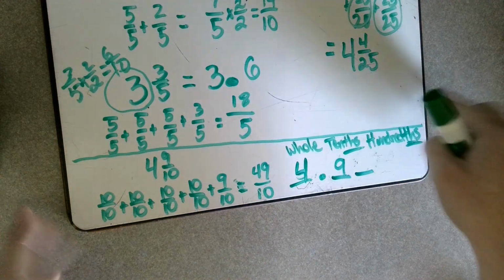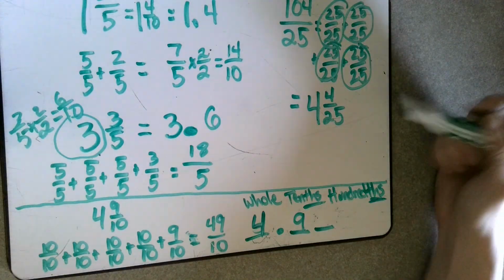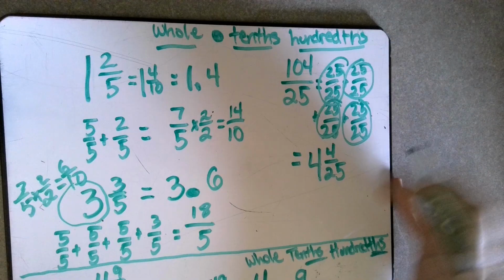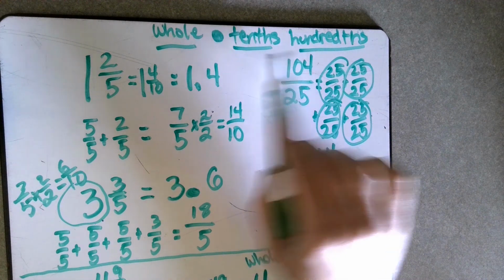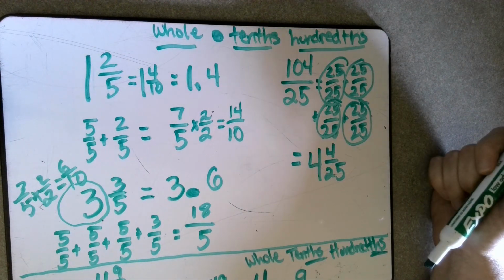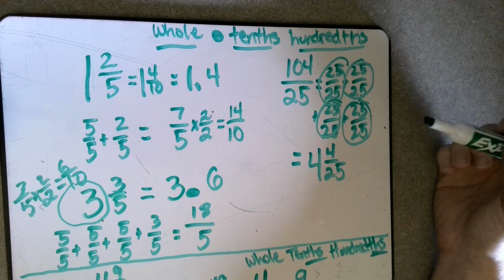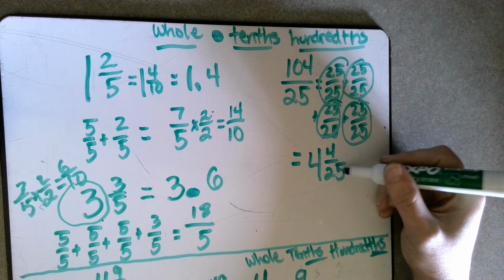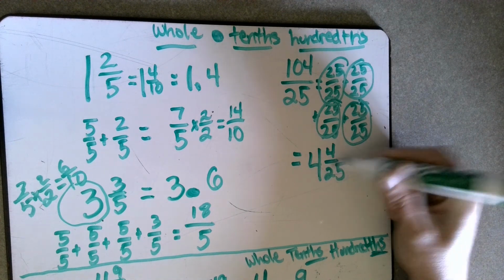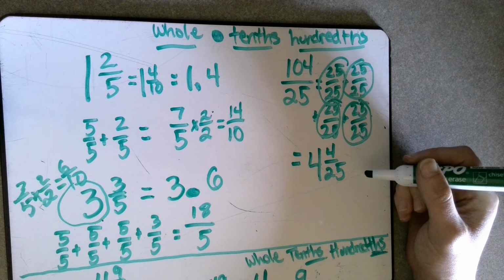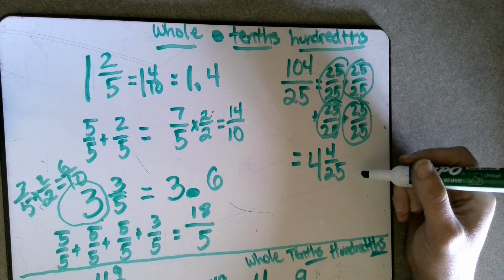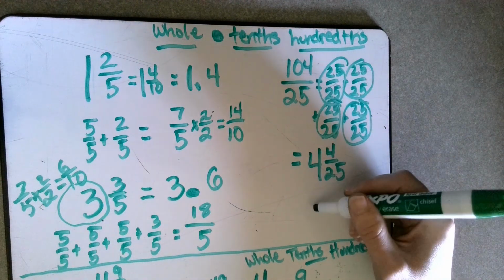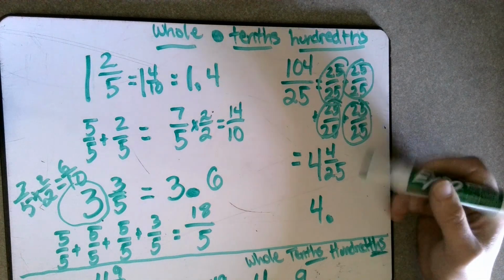What about 4 and 4/25? Is there a number I can multiply 25 by to get to either 10 or 100? There is. We can multiply 25 by 4, right? Because again, I think about 25 cents is equal to a quarter. And there's 4 quarters in a dollar, or 100 cents. So I can go ahead and think about this as 4 wholes, right?